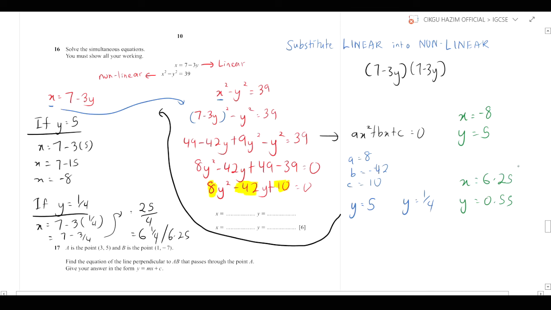So your final answer here is x equals negative 8, y equals 5, and x equals 6.25, and y equals 0.25. That's your answer for question number 16. The working may be a bit messy, but please watch this video carefully and try to rewind it again and again if you still don't understand, or maybe I'm too quick.